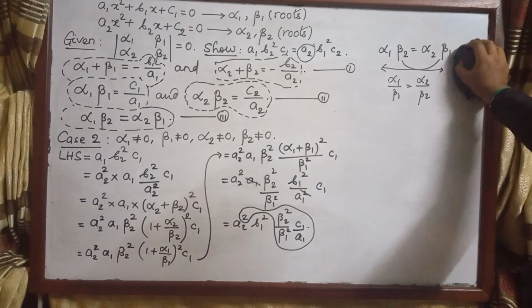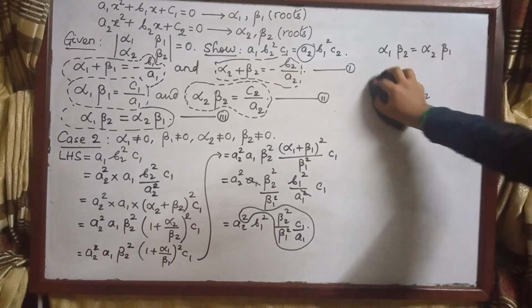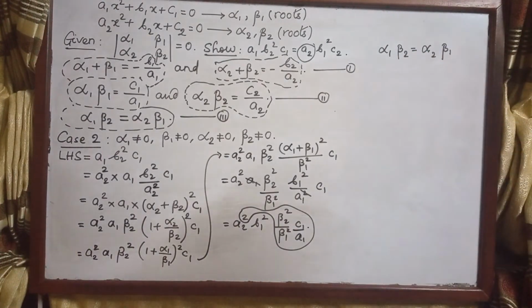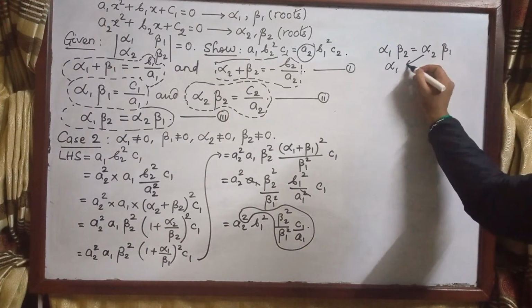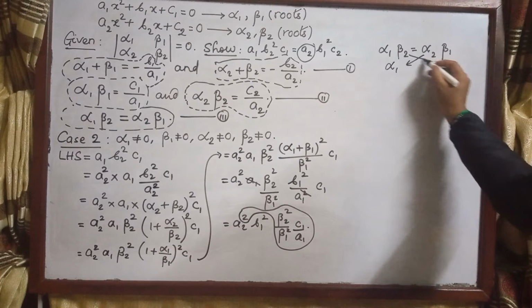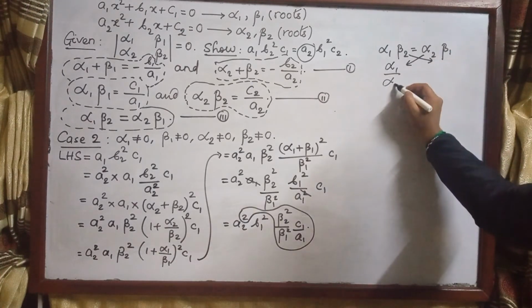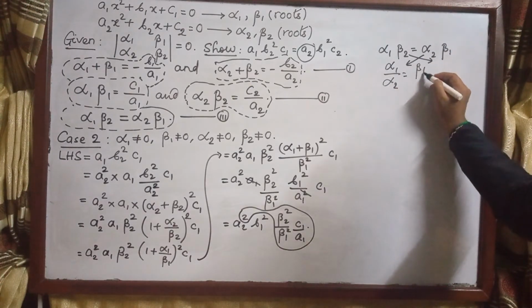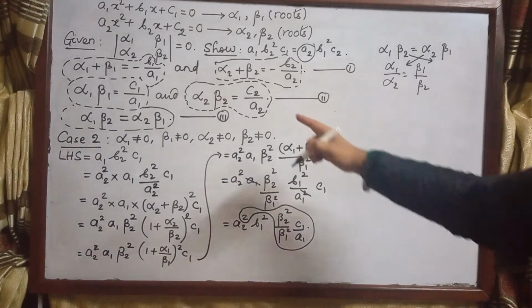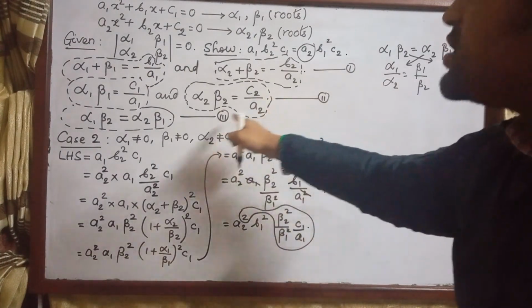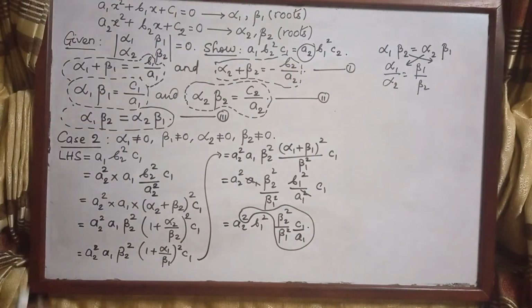For that, let's again look at this equation. Equation 3, and let's see alpha 1. Let's take alpha 2 over here and beta 2 over here. Then we are going to get alpha 1 over alpha 2 is equal to beta 1 over beta 2. So if we divide this equation by this equation, what are we going to get?